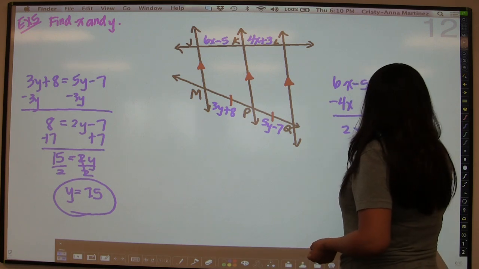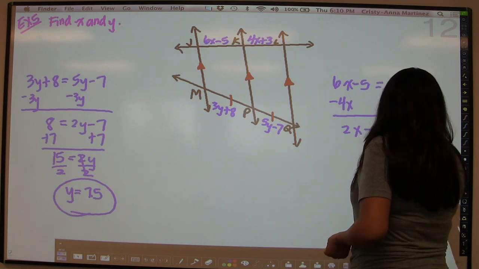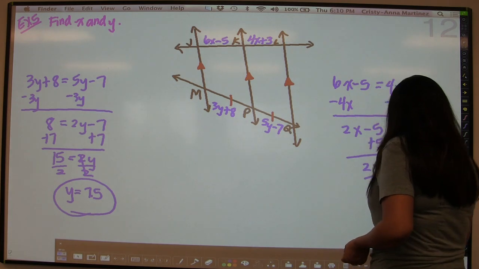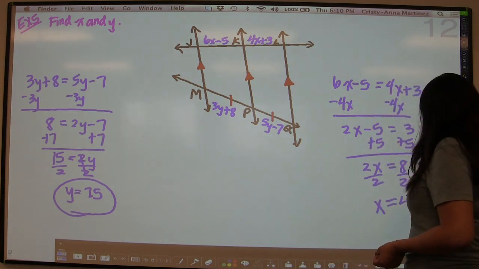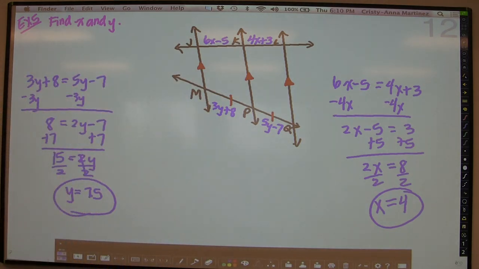That gives us 2x minus 5 equals 3. We add 5 to both sides. So 2x will equal 8. And then we divide by 2. And finally we get that x equals 4. So our y value was 7.5. And our x value is going to be 4. Based on the congruent parts of parallel lines corollary.